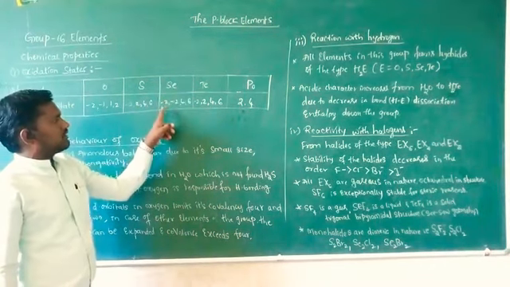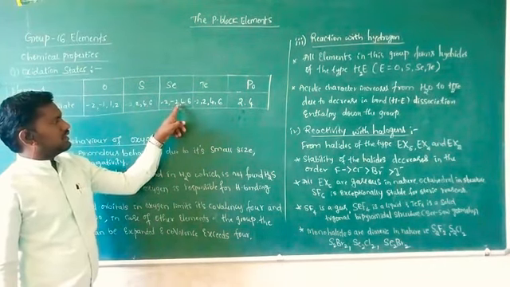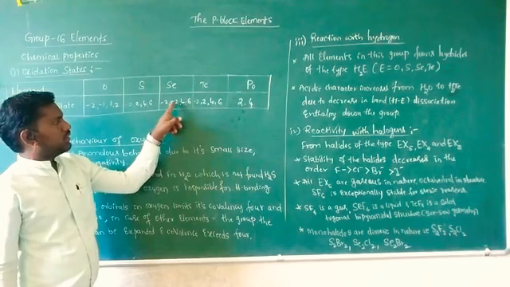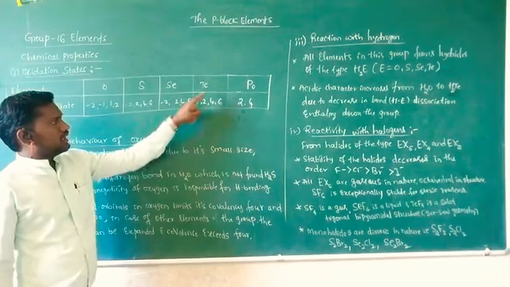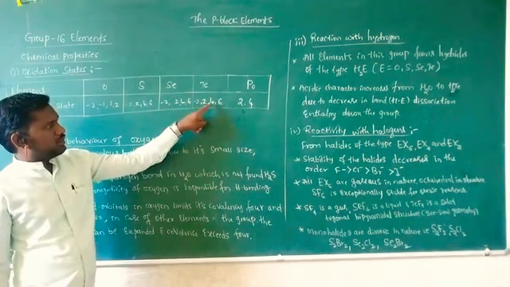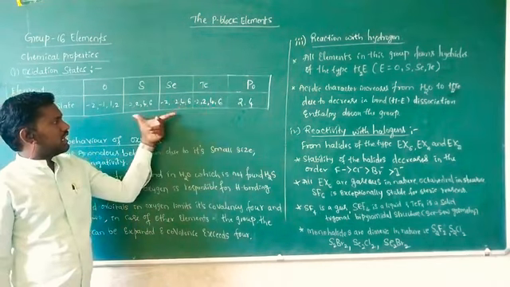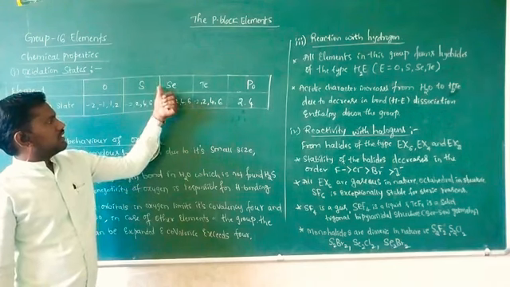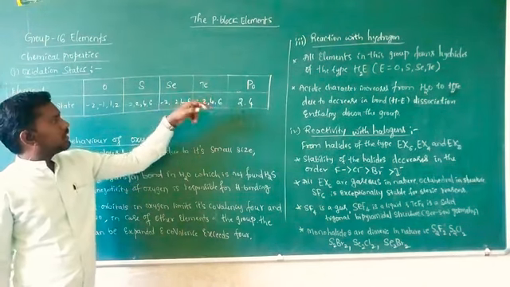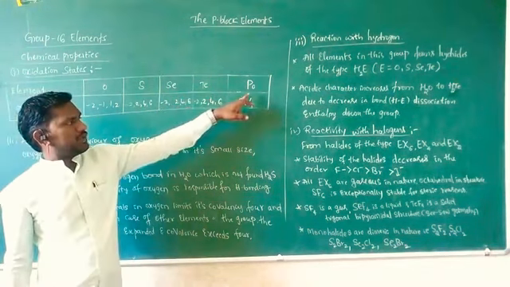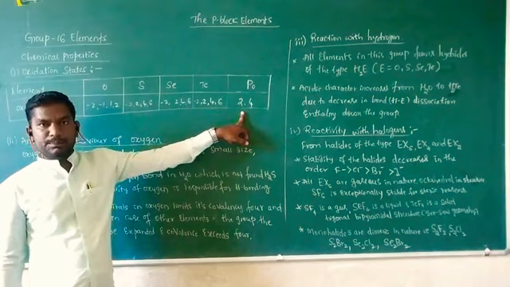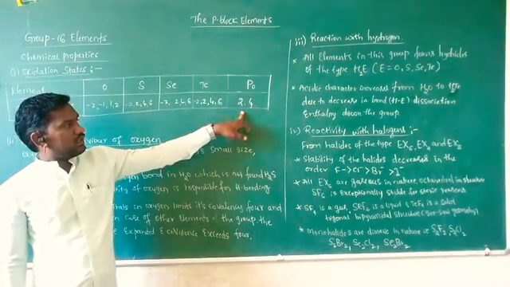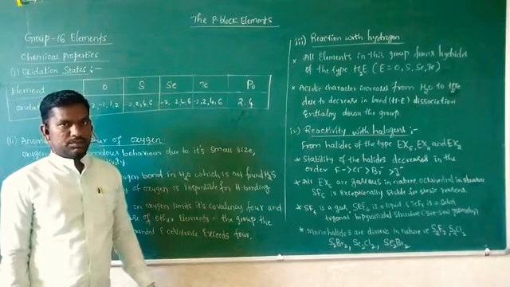Selenium shows -2, +2, +4, +6. Tellurium also shows -2, +2, +4, +6. These three are the same: -2, +2, +4, +6 for sulfur, selenium, and tellurium. Polonium is a metal which shows only positive oxidation states: +2 and +4.